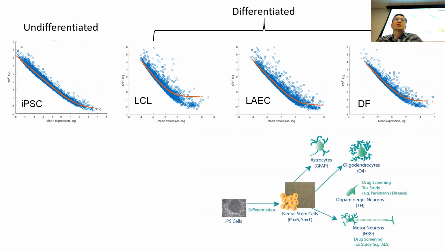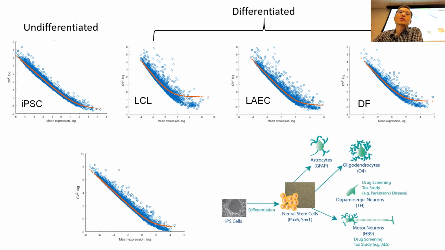So if our hypothesis is true, we should be able to test it using another cell population which is in the middle of differentiation. iPSCs can be differentiated into neural stem cells.